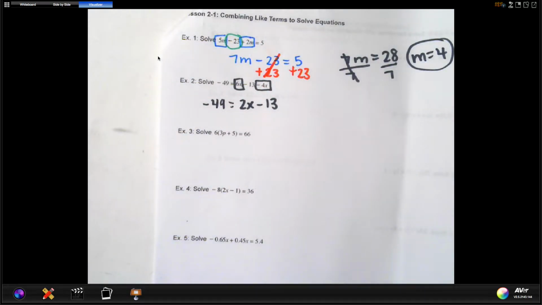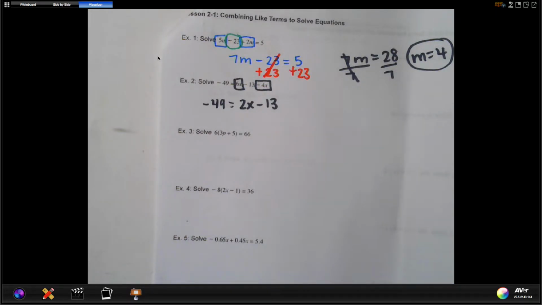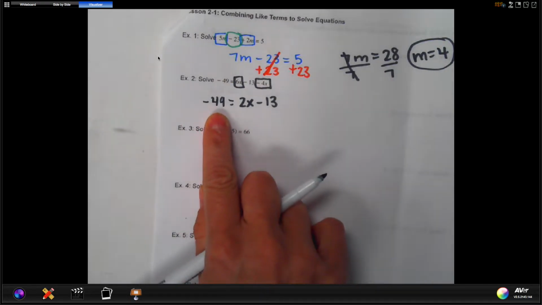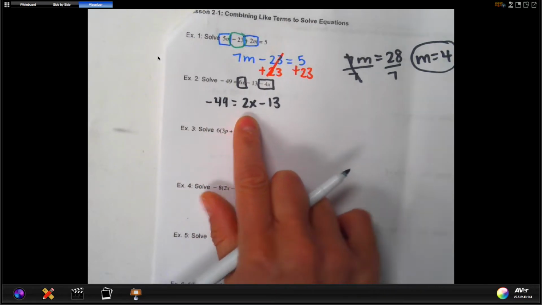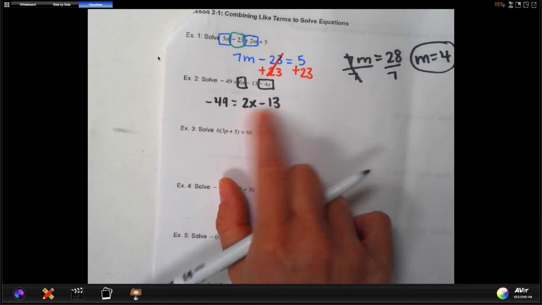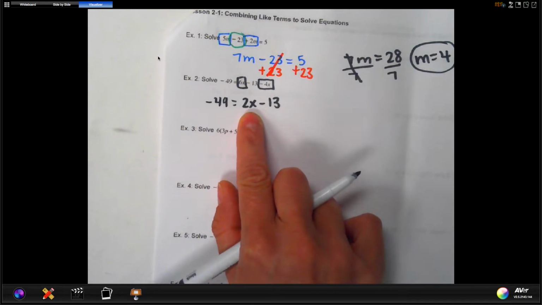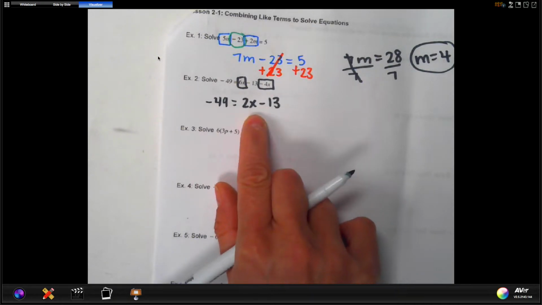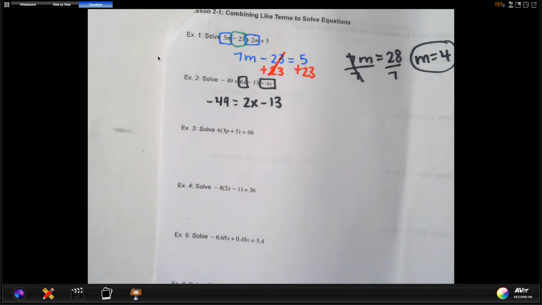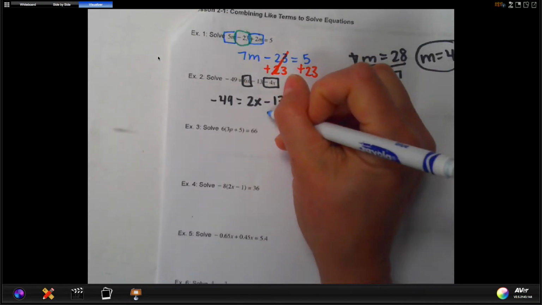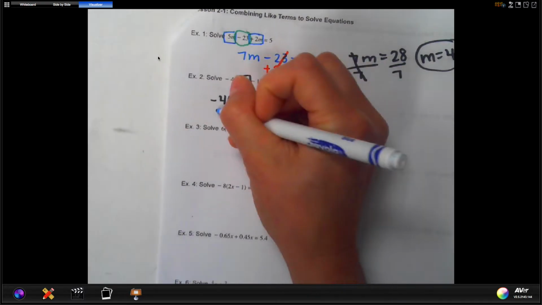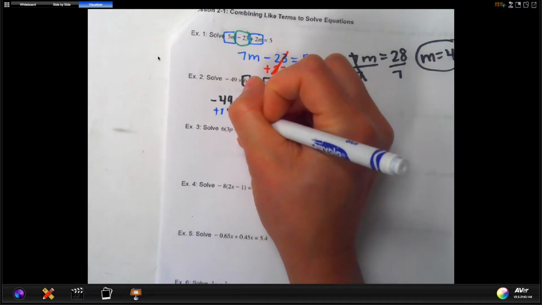Now again, we have a two-step equation like we did in the last video. The difference is that negative 49 is the one that's by itself, it's safe, and now we have to undo the 2 and the 13. So we want to start with the one that's furthest from x, so that would be minus 13. To undo a minus 13, we would add 13, and we're going to add 13 on this side.